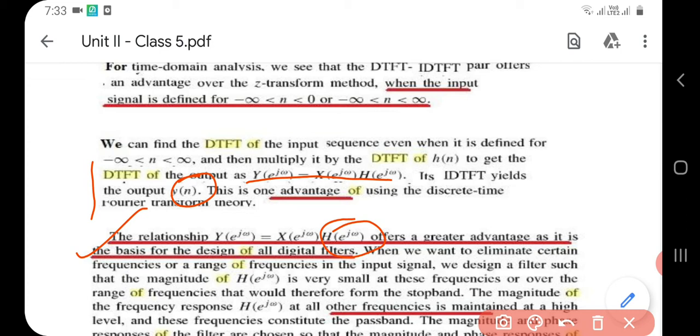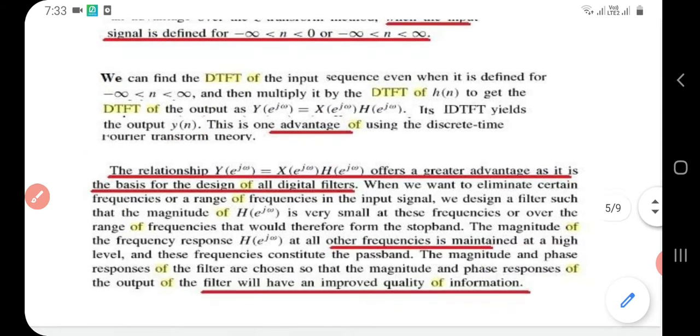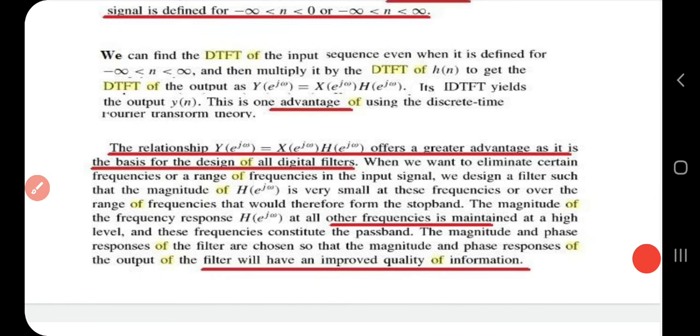Now in the case of filters, if we want to eliminate a particular frequency, or a range of frequencies in the input signal, then we can design a filter in such a way that the magnitude of H of e raised to j omega, that is the frequency response, is very small at these frequencies or over a particular range of frequencies. That will become the stop band, that is, such frequencies will not be allowed.